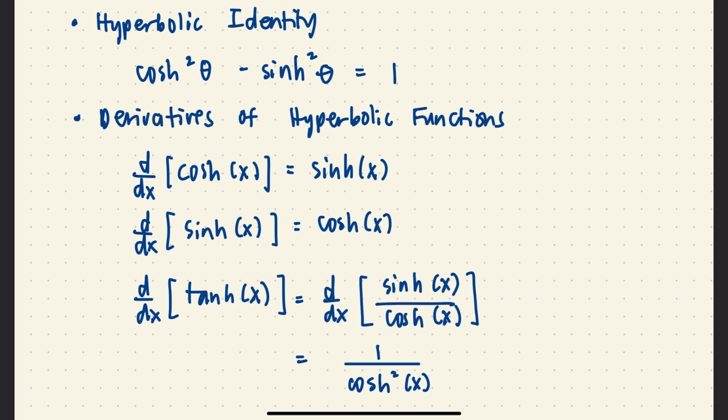Given all this information, we will solve for the derivative of your hyperbolic functions. The derivative of hyperbolic cosine of x is equal to the hyperbolic sine of x.